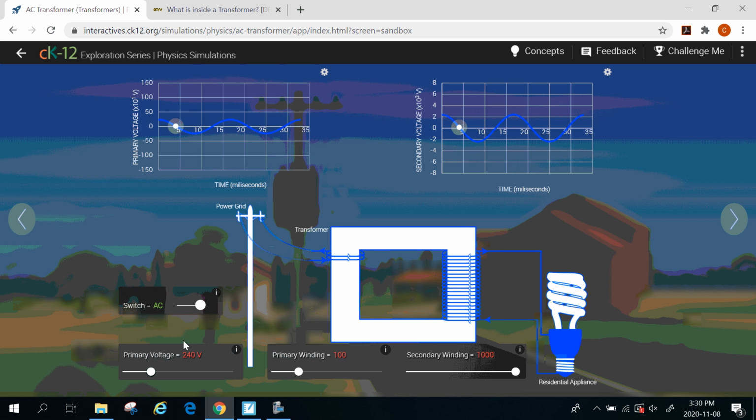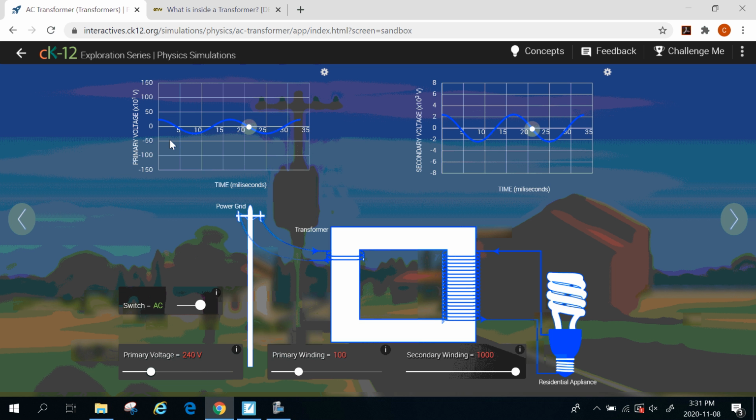So if we have 240 volts coming in, we get 10 times greater on the secondary side. And if we do take a look at that, that is in fact exactly what we have here. This is about 2.4, but it's 2.4 times 10 to the 3, so that is 10 times higher than what we have on the primary side.